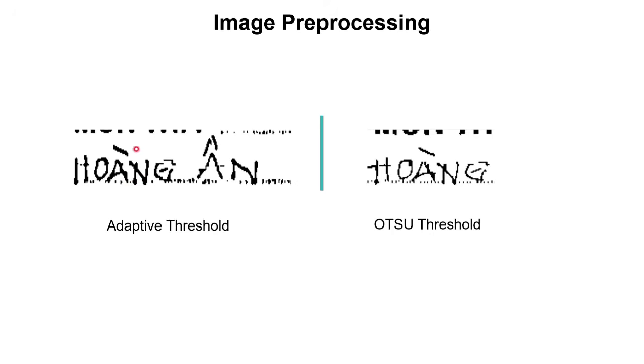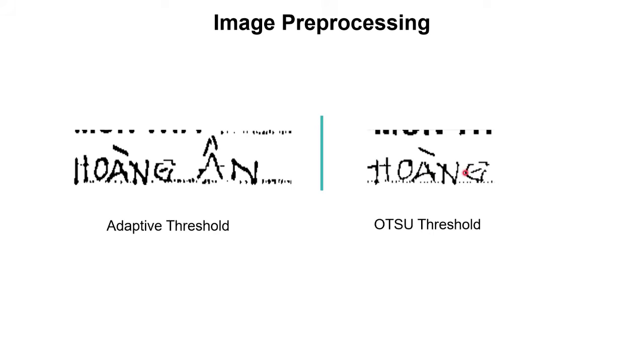But you can see that after using adaptive threshold, we get a lot of noise. This picture here is after I use the blurring tool, but they retain a lot of noise, and you can see that the horizontal line here is really hard to word segment correctly. But also the Otsu threshold right here is good. They don't retain a lot of noise, but you can see that the stroke is thinner.